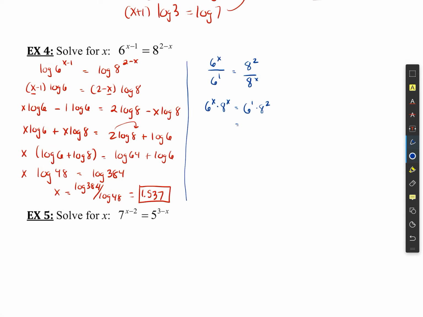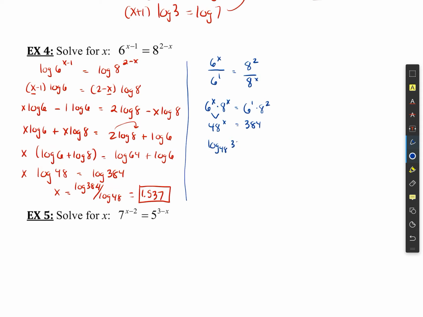So if I have 64 times 6, I have 384 over here. I can combine this into 48 to the x. Now I'm starting to get those similar numbers we had before. Since I have 48 to the x equals 384, I could convert.